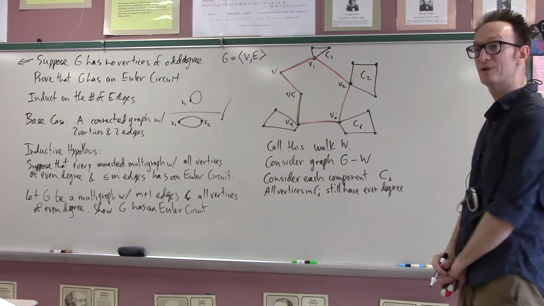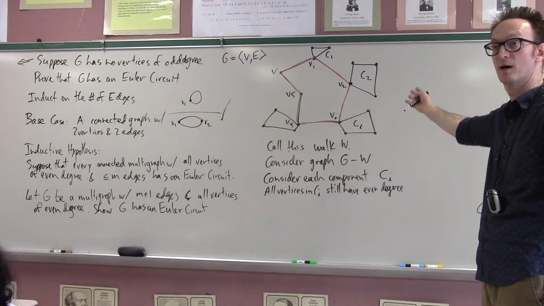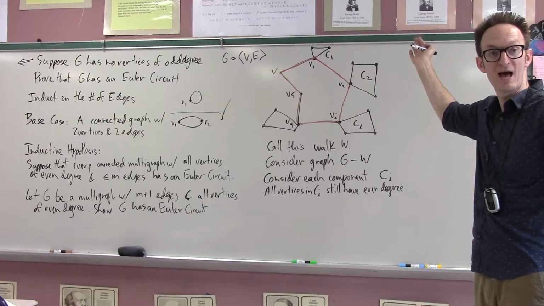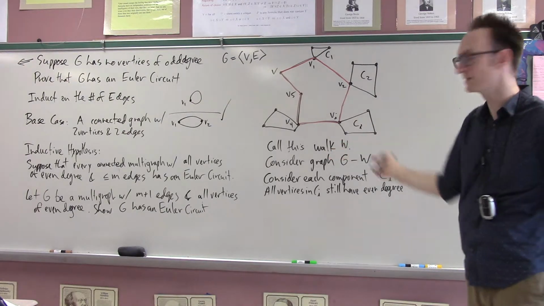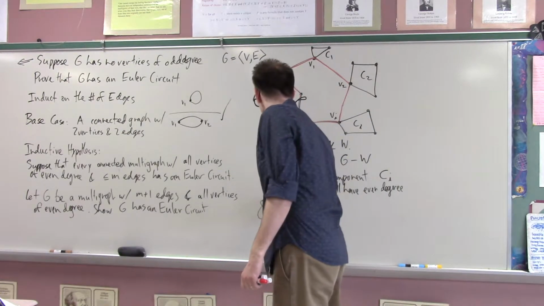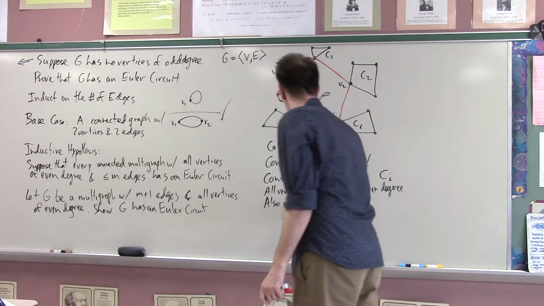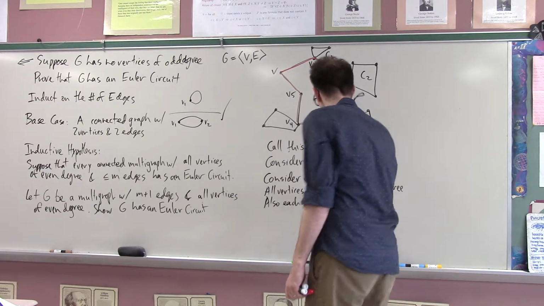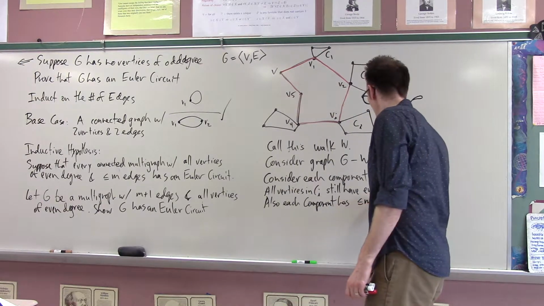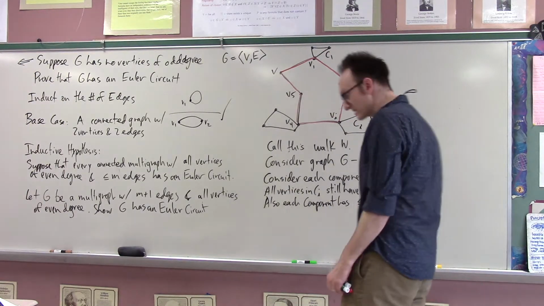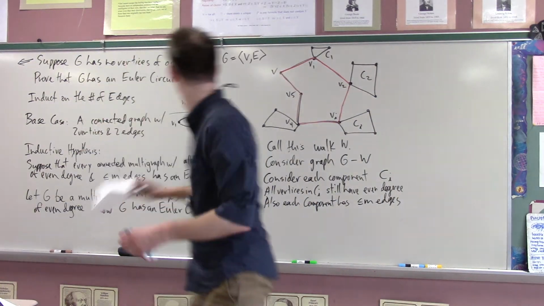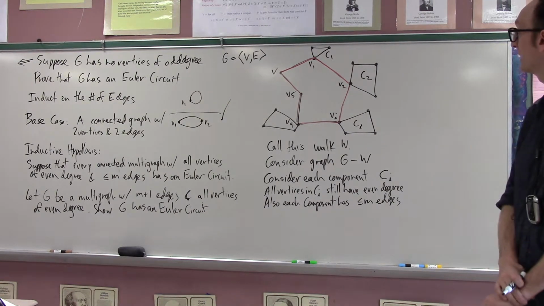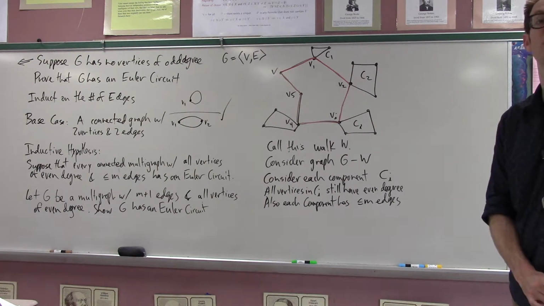Okay, and so now more to the point, each of these components has less than or equal to m edges, right? And so by induction, there is an Euler circuit on each of these components.